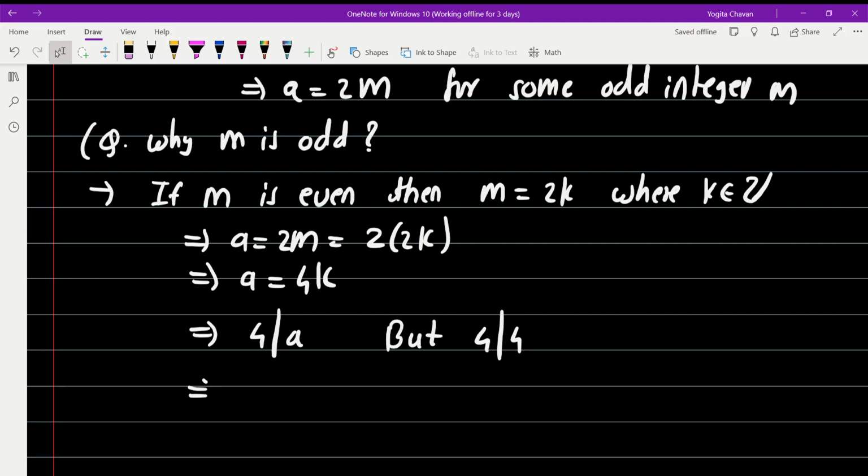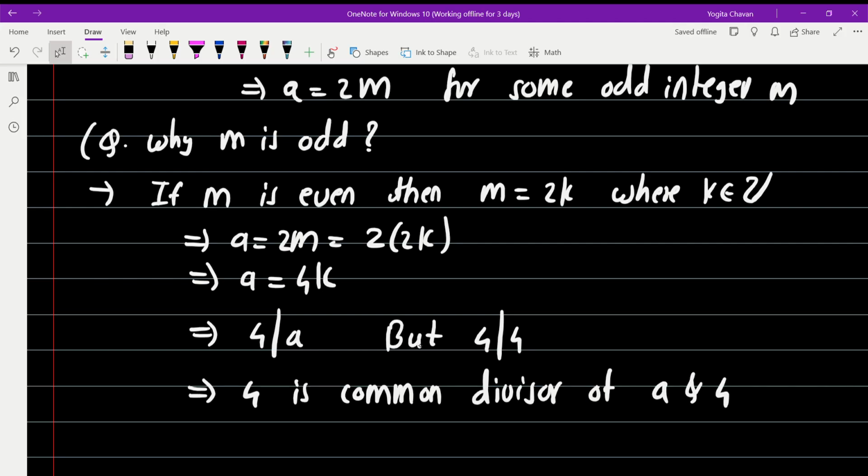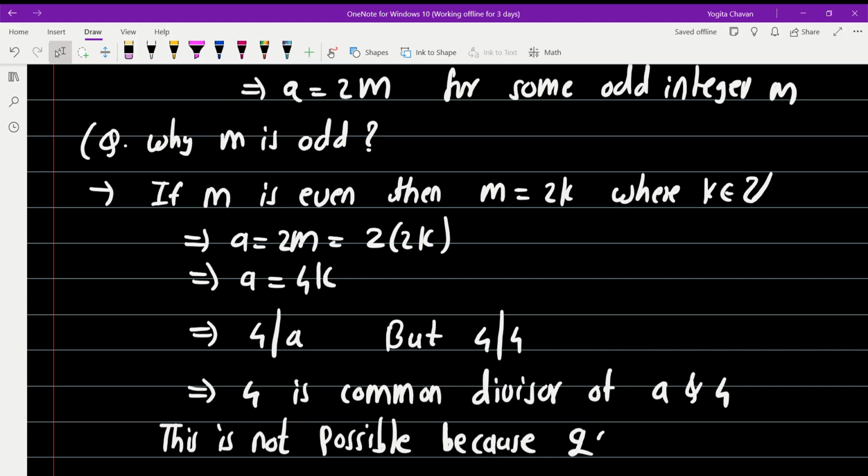This implies 4 is a common divisor of A and 4, but this is not possible. This is not possible because the greatest common divisor of A and 4 is equal to 2.